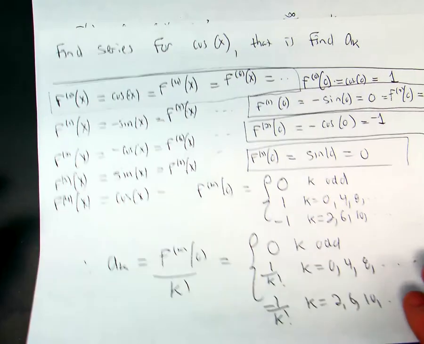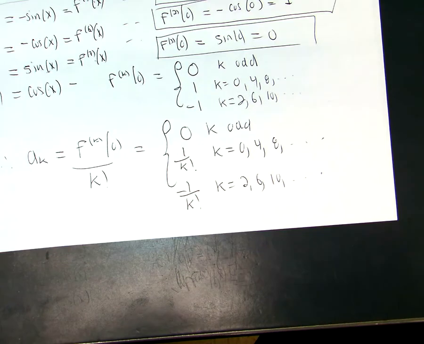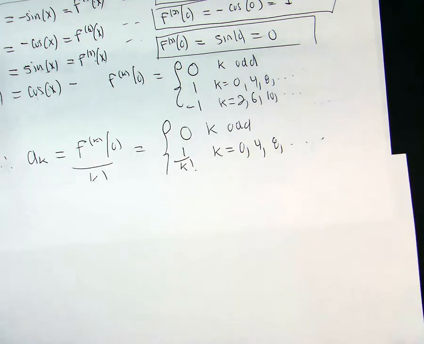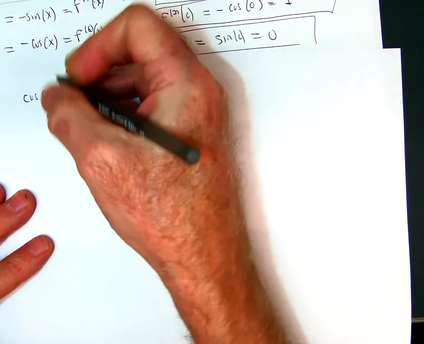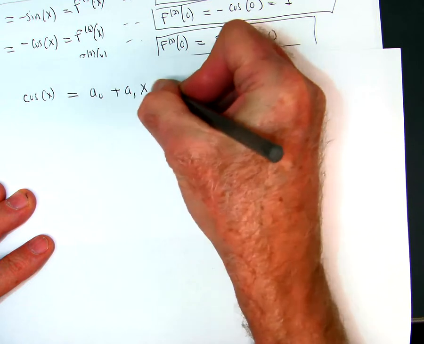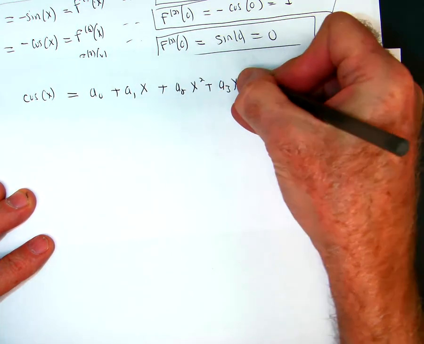So let's go and use it to figure out the series for the cosine. I'm going to move that up a little bit. So here's what we know. We know that for cosine of x, we're going to write this way, and we'll figure out the pattern.